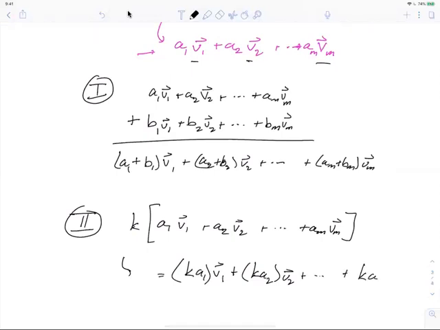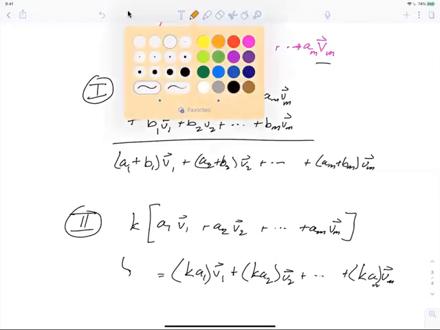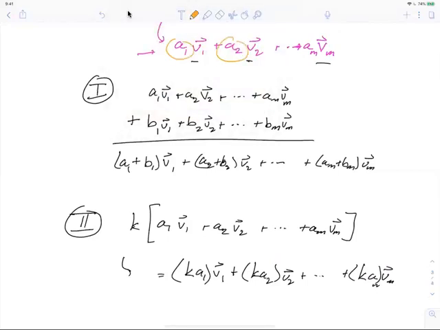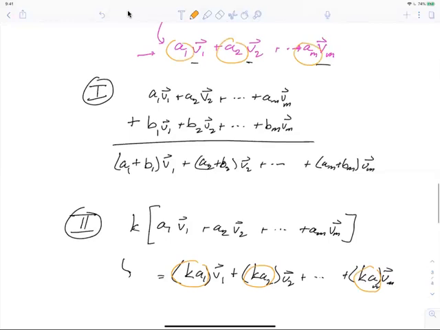And instead of taking A1 steps in the V1 direction, you now take K times A1 steps in the V1 direction and K times A2 steps in the V2 direction, and so on. And this is still something where there's something times V1 plus something times V2 plus something times V3. And it's just that something has slightly changed depending on how we've modified it. But if you scale a vector, you're still in that grid of vectors.